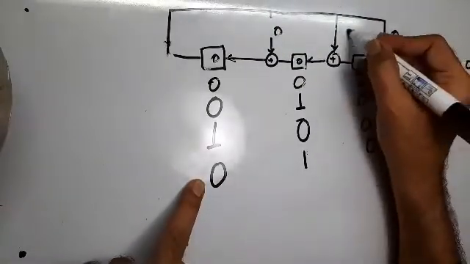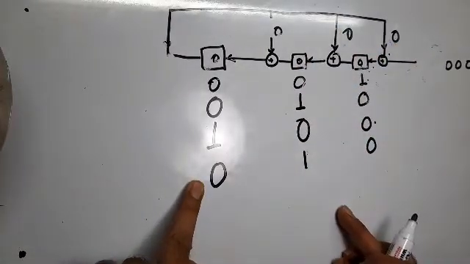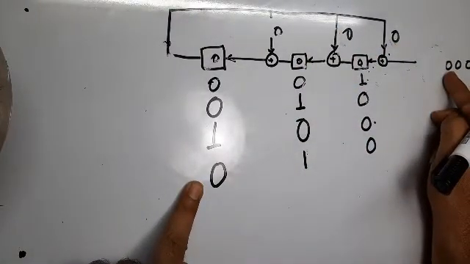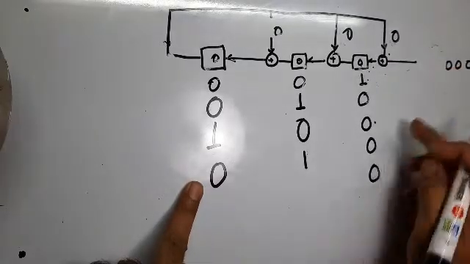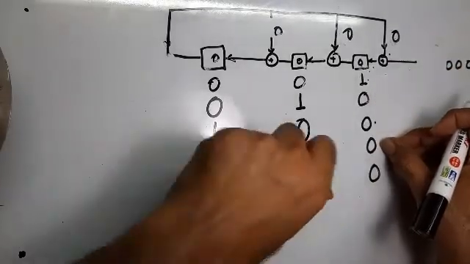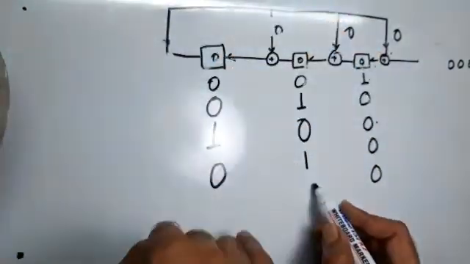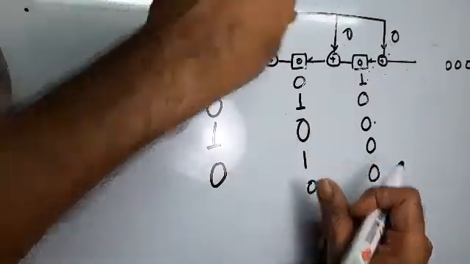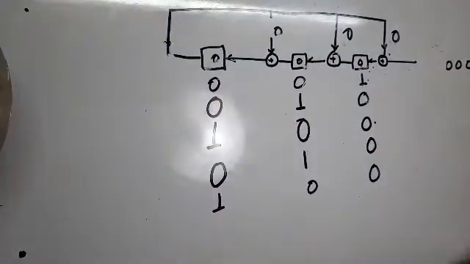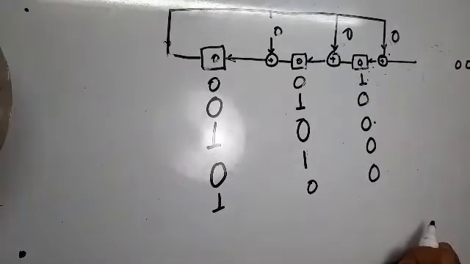It becomes 0 0, and this is already a 0. Then this gets inputted. This 0 is getting XORed with this 0. It is 0. Next, before the start of that, this 0 was here, so this 0 gets XORed with this. It becomes 0. This 1 gets XORed with 0 0. This is 1.